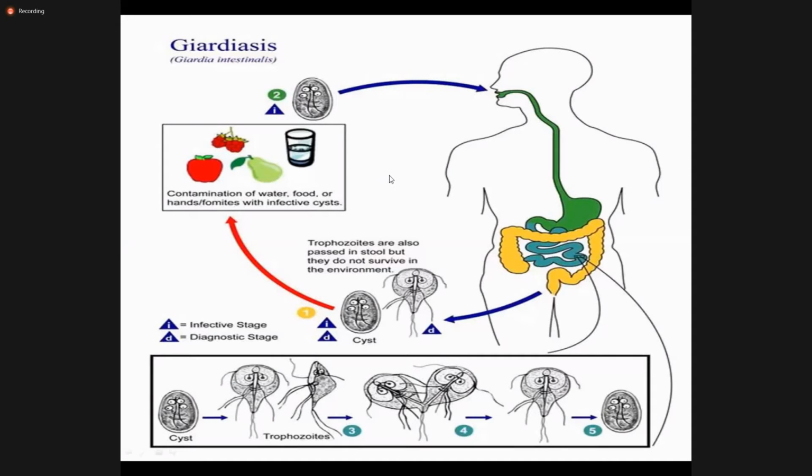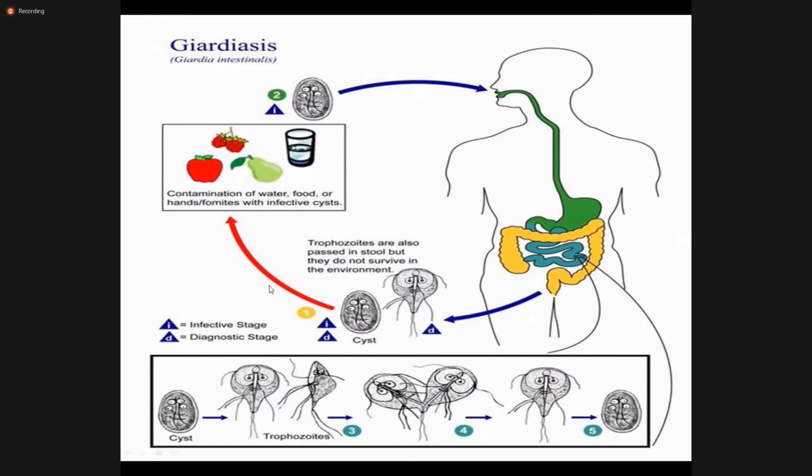In the string test, a string with a weighted piece is passed through the mouth until it reaches the duodenum. The trophozoites adhere to this string and can be visualized after withdrawal. But this test is not very reliable, and it is usually not practiced.